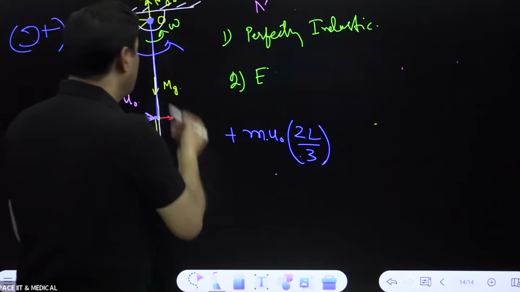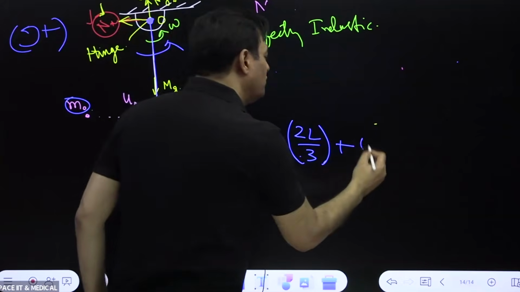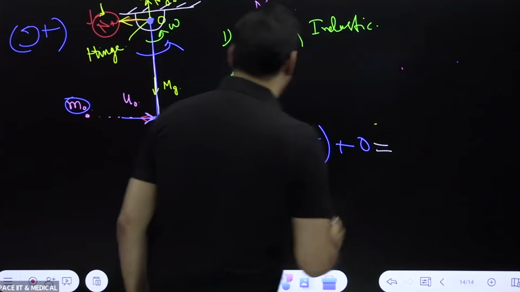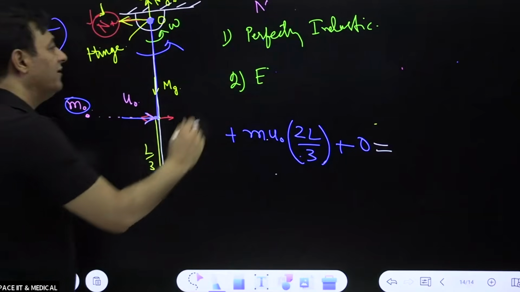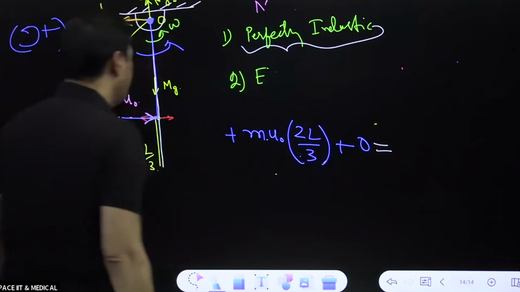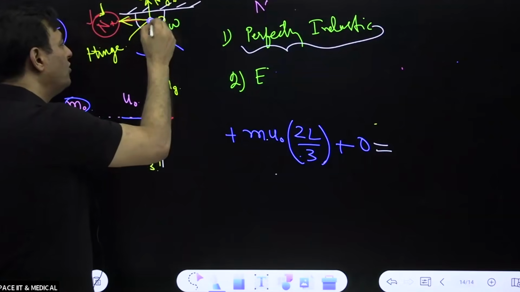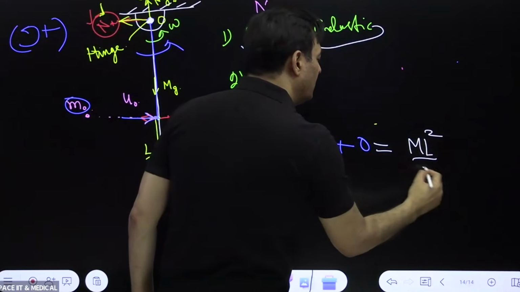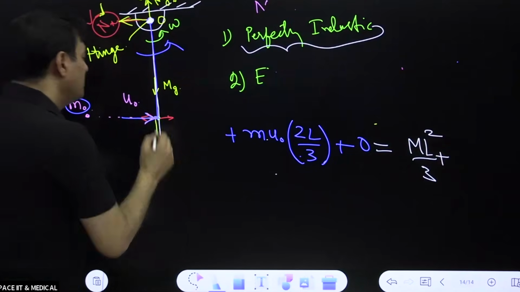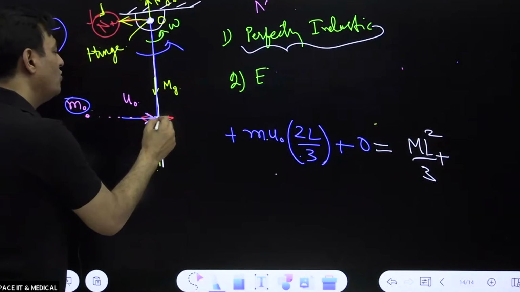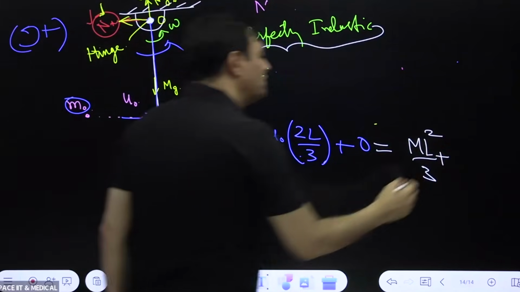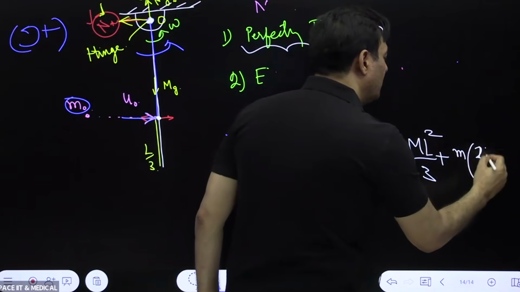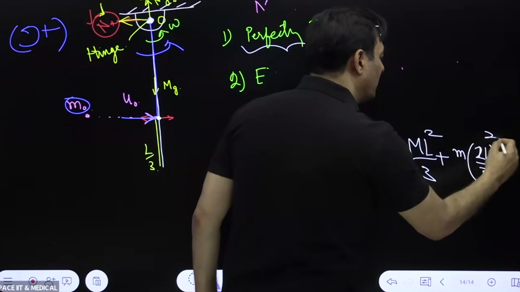For the rod, initially angular momentum was 0. It was at rest. Now, after collision, both have become one rigid body, if it is the case. Moment of inertia of the rod about this point is how much? mL square by 3, plus for the point mass about this point, m into 2L/3 whole square.